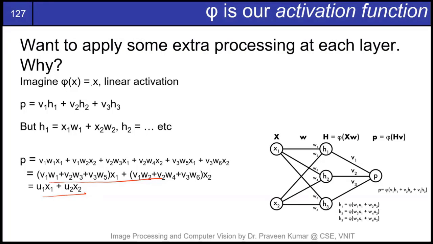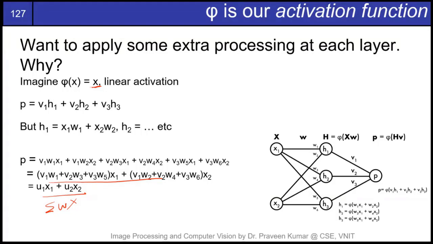So if phi is just a linear activation, you cannot manipulate the raw pixels non-linearly. You can only get a simple weighted sum of products at the end.